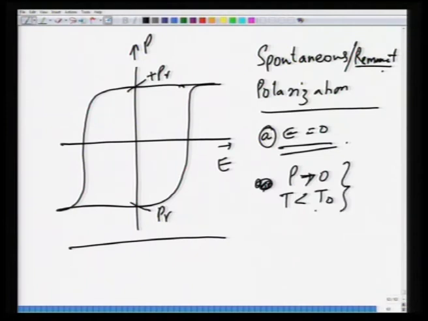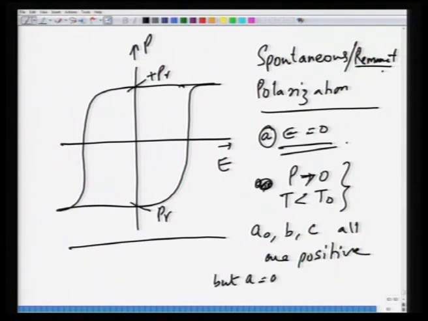Of course, the condition is only when T is less than T naught. So, you want to determine what is Pr. You know that A naught, B and C at T less than Tc all are positive, but as you know that A is equal to A naught into T minus T naught, A is less than 0.